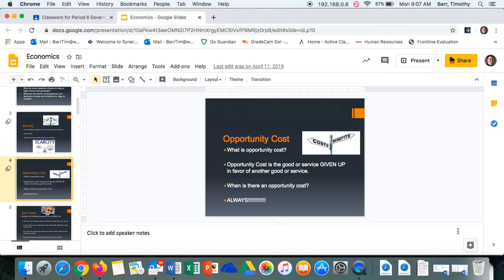Opportunity cost is always when you make a decision. The opportunity cost is the good or service that you give up when you pick another good or service. So think about it. A cost is what you pay. So opportunity cost is what you give up when you make a choice.